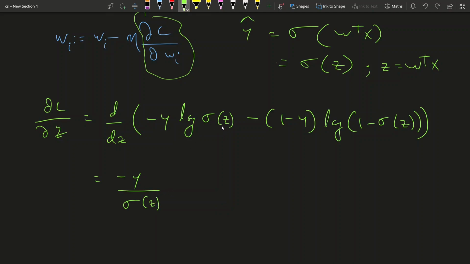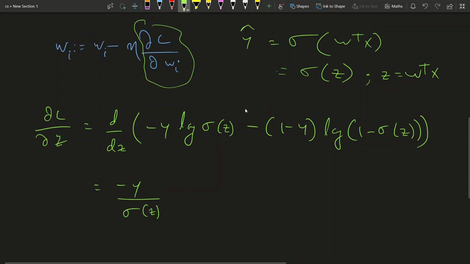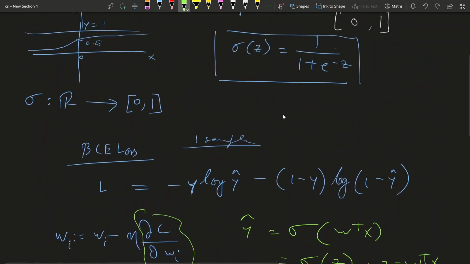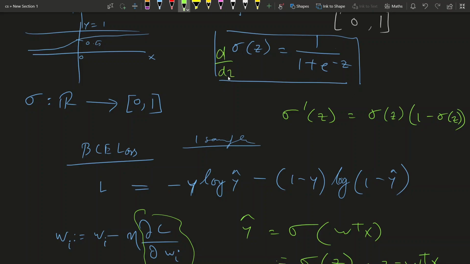Now differentiation of sigmoid function. So f dash of z will be sigmoid function itself and 1 minus sigmoid of z. If you differentiate this entire thing with z, then this will be the result, right?